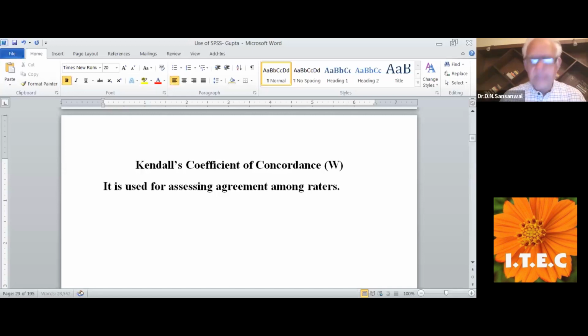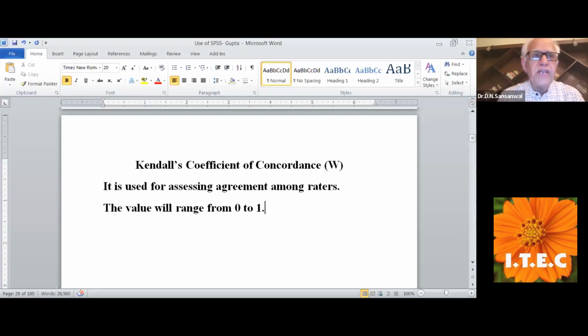And here the value will range from 0 to 1. If it is 0, there is no agreement. If it is 1, there is perfect agreement.